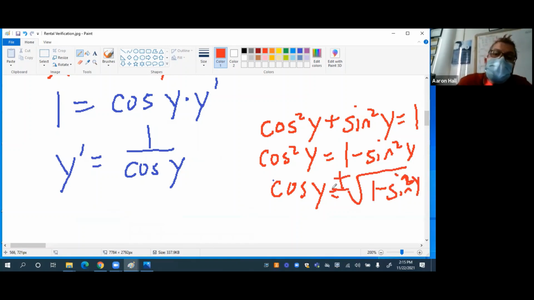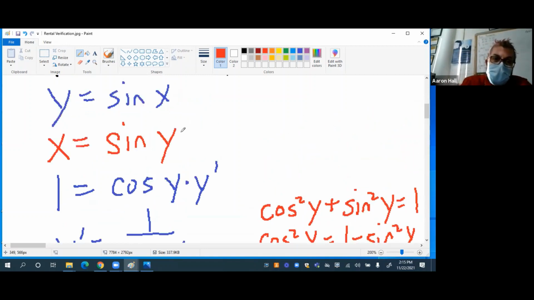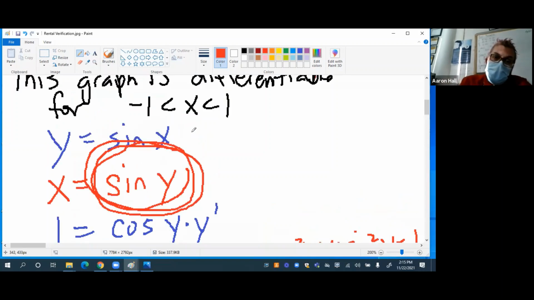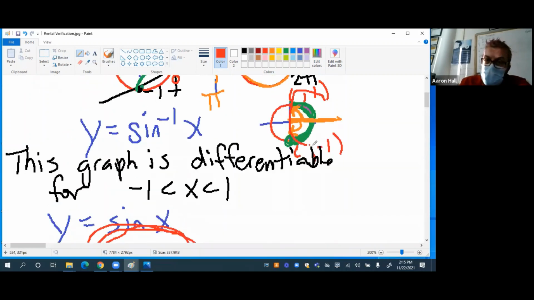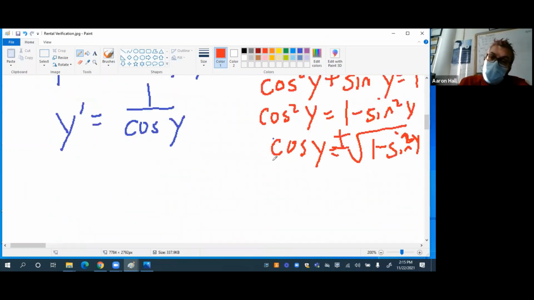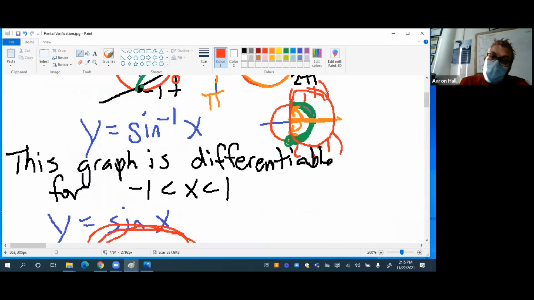Now you could do plus and minus there, but remember that when we were looking at our original function, for the inverse, the inverse of sine of y is in what quadrants? Only the first and the fourth. Where your cosine, which is your x, is positive.